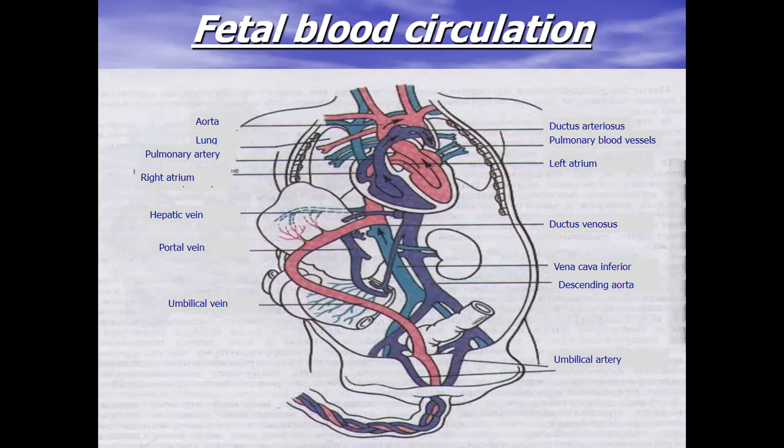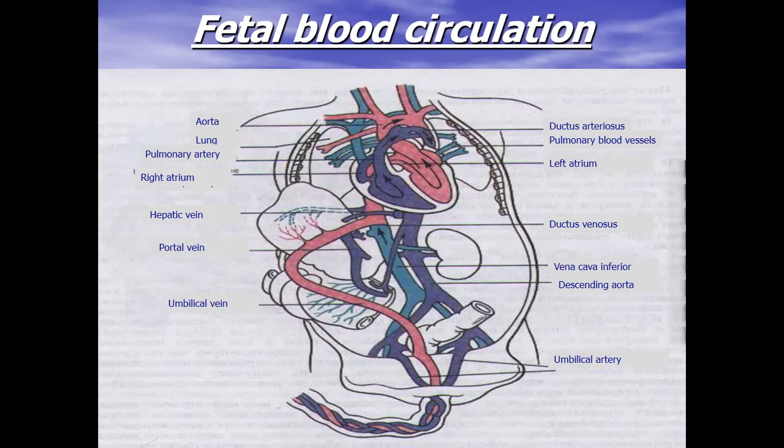And then the blood from the right atrium enters the aorta by two paths. Through the oval foramen from the right atrium to the left one, and then to the left ventricle and ascending aorta.